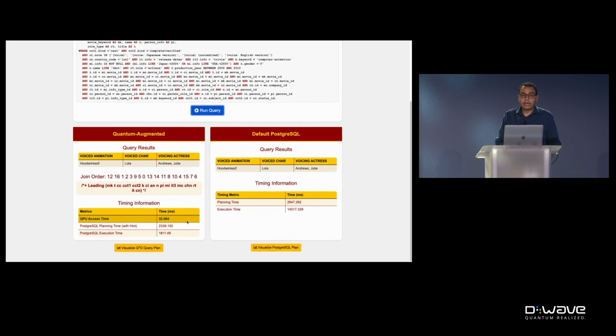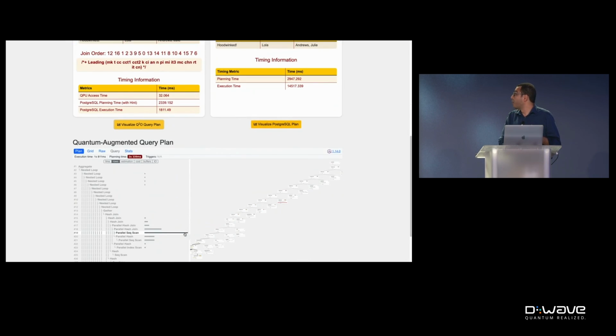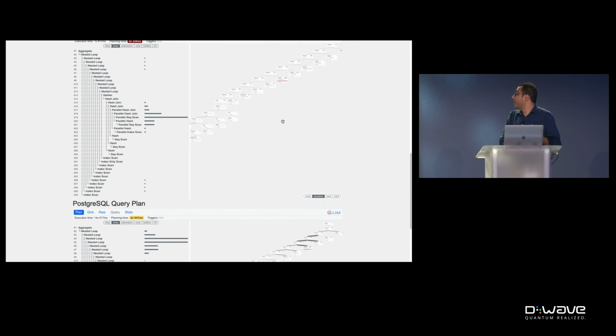We wanted to get more insights about this, so we visualized the query plans coming from both Postgres systems. As you can see here, the first one is coming from the quantum augmented approach. This is the tree that we got, as I mentioned before. But the most interesting part here is the representation of the operations that we have in this plan.